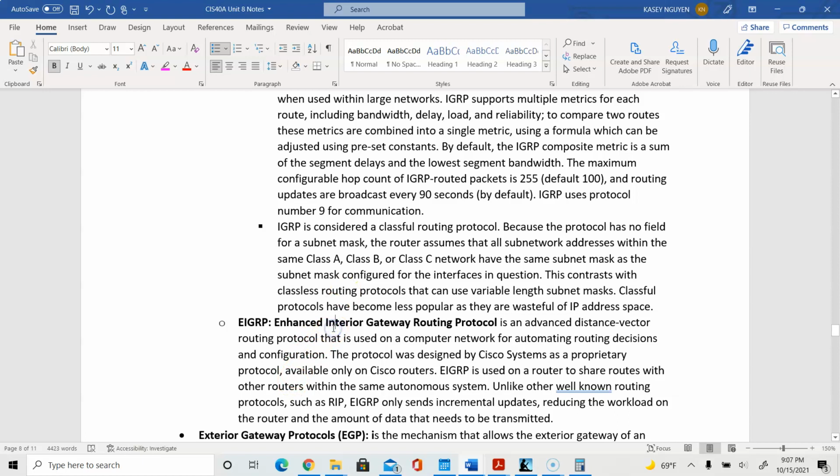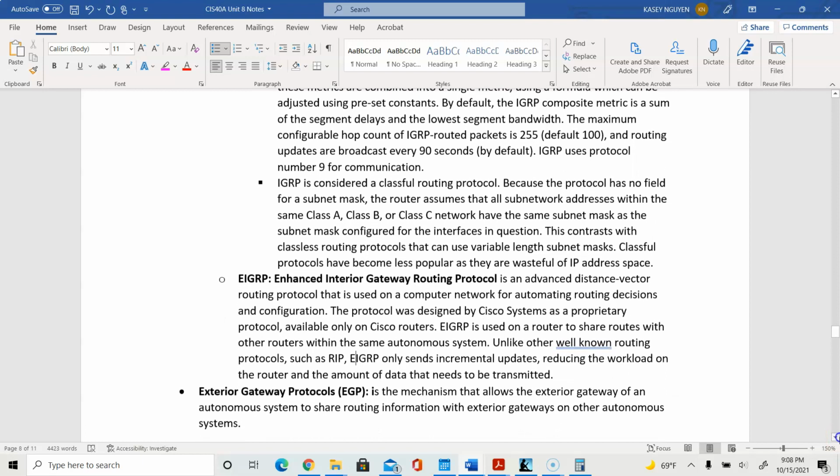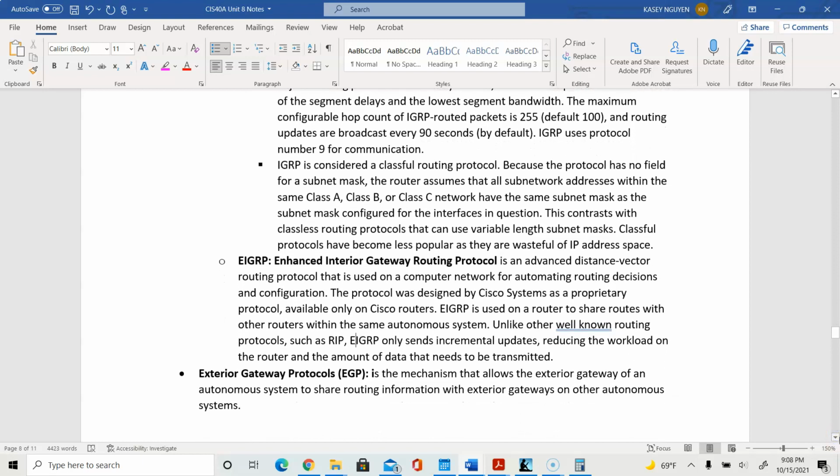Enhanced Interior Gateway Routing Protocol, your EIGRP, is the improvement of the IGRP. It is a Cisco proprietary protocol, and unlike RIP, it does not send updates periodically, which reduces the workload for the router to be able to obtain the data about its neighbor.